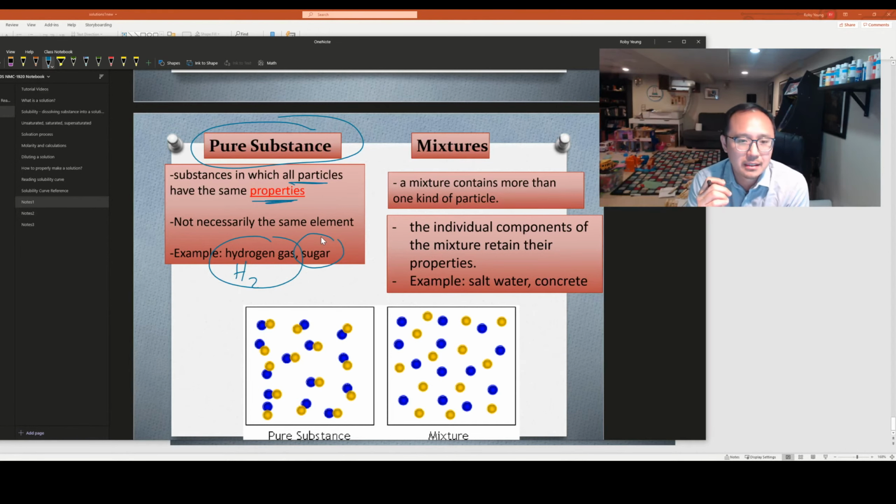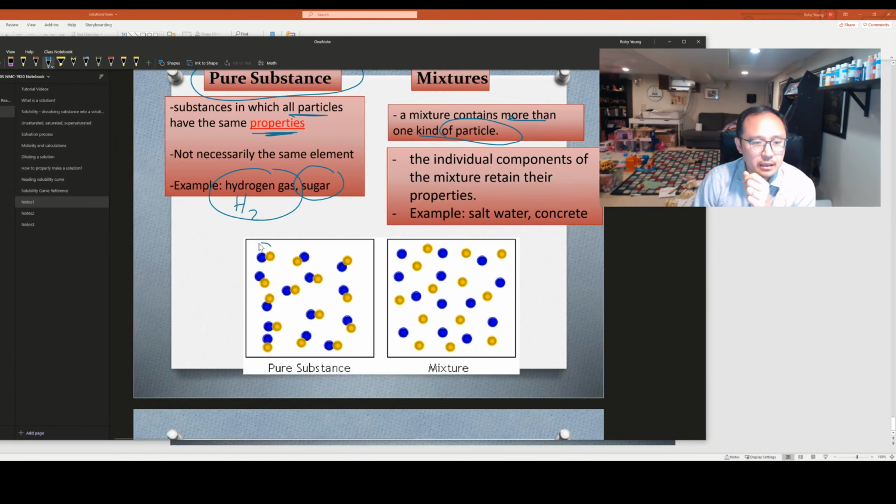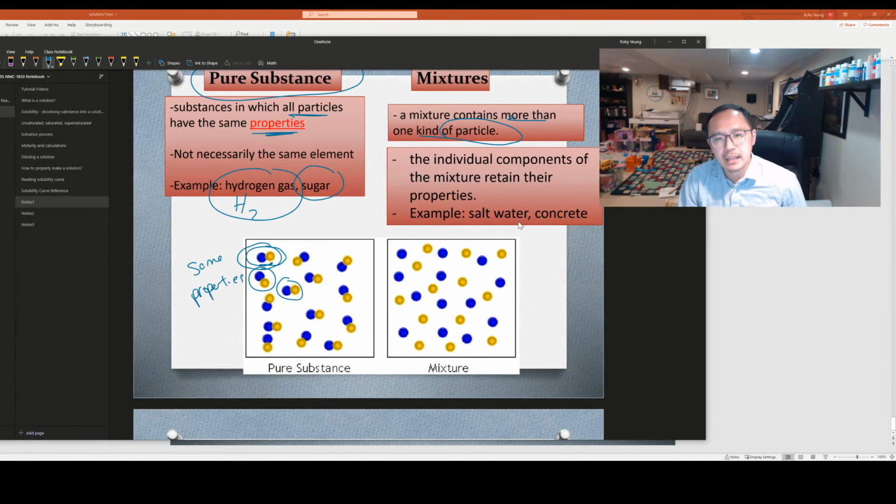That's a pure substance. Whereas a mixture is where you will have more than one kind of particle. So here is a diagram of this. So in a pure substance, you can still have two different elements, right? Just like sugar, salt, whatnot. The key part here again is that these will have the same properties when they're still together. Whereas in a mixture, the individual components will retain their properties.